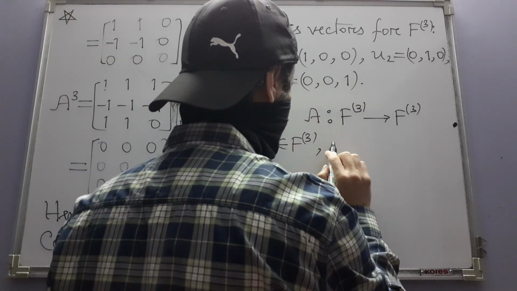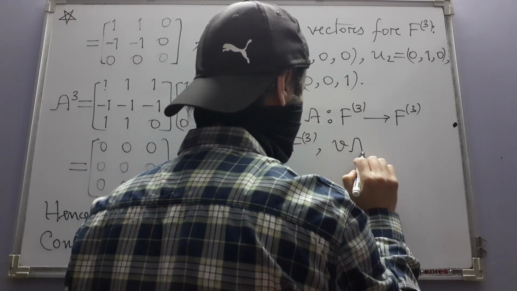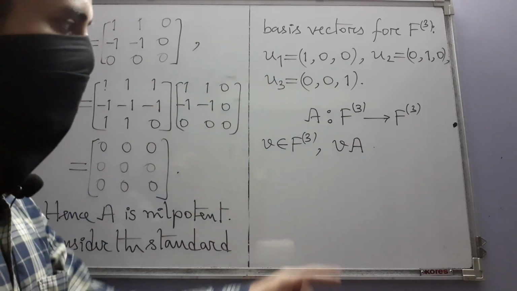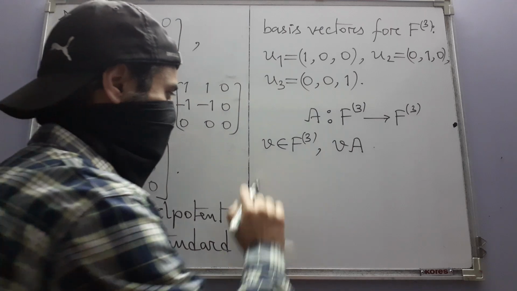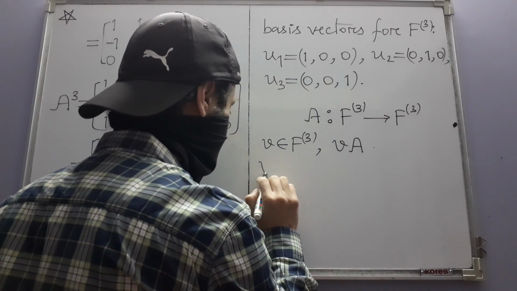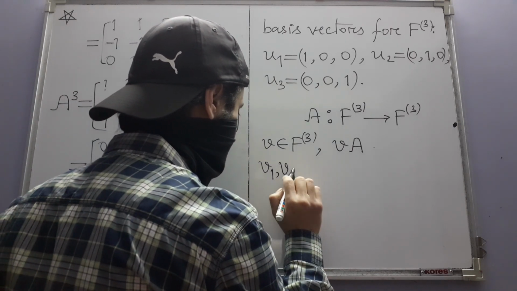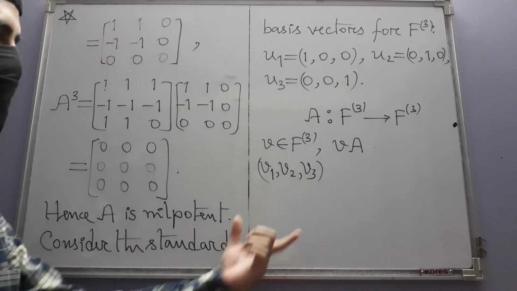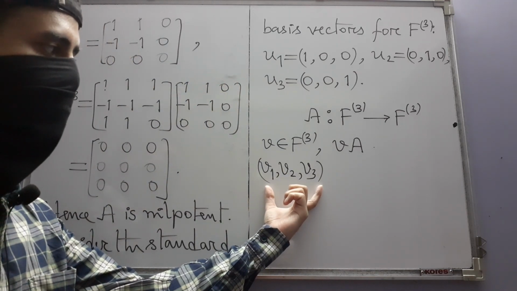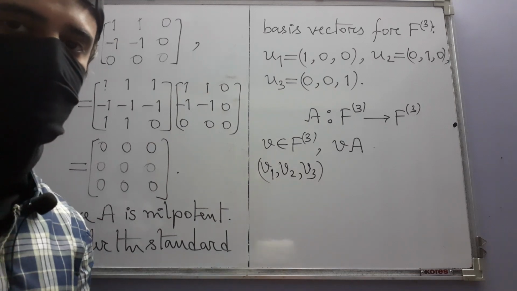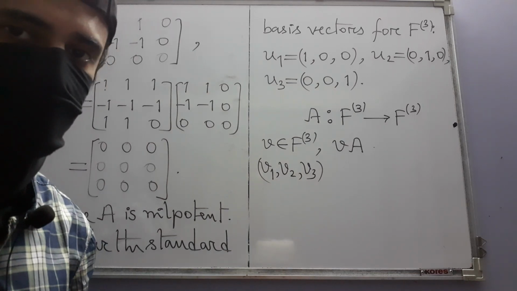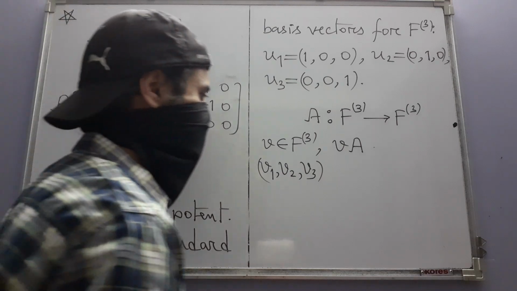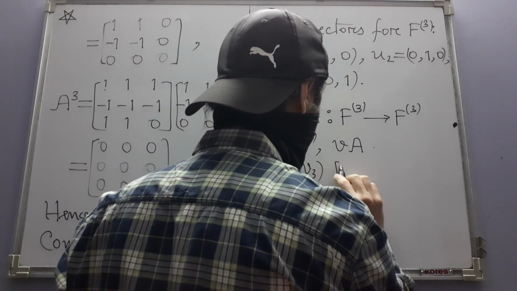It acts on V like this. What does this VA mean? You can see this. V has 3 coordinates or components, right? V looks something like this. Now you can consider it as a row matrix also, which has only 1 row and 3 columns.